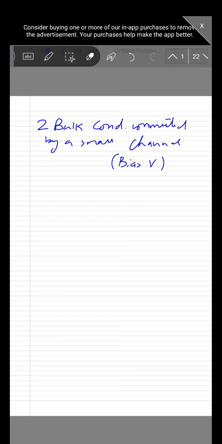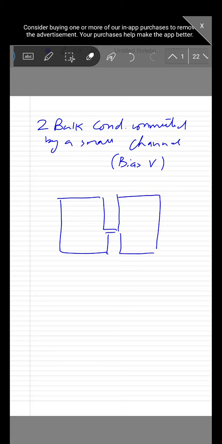So let's have a shape like this. This is the first conductor, there is a second conductor, and they have a bias voltage V, and the distance is D.